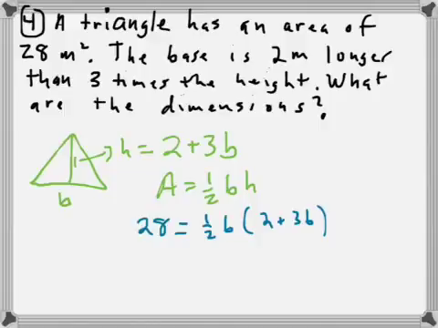Here's what I recommend with these triangle problems. With that 1/2 there, why don't you go ahead and multiply both sides of the equation by 2. That'll cancel that out. So I have 56 equals, I'm also going to distribute the b, 2b plus 3b squared. So let's subtract the 56 over, and I'm just going to rearrange.